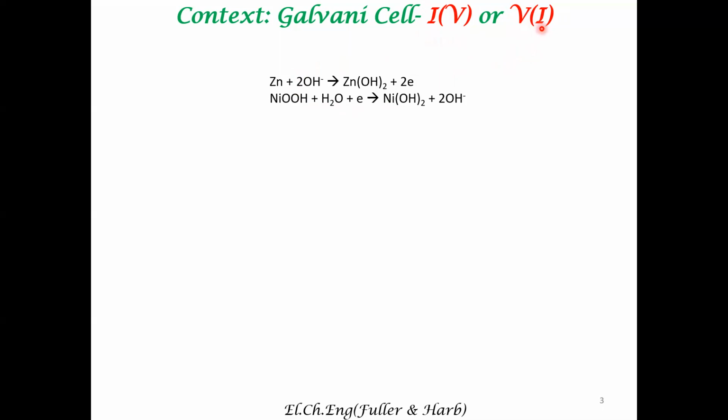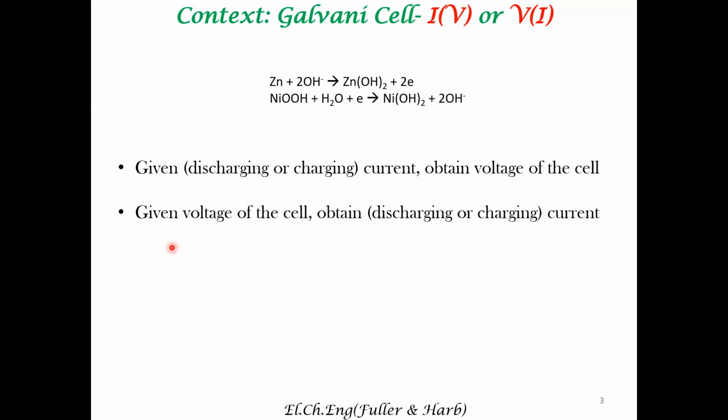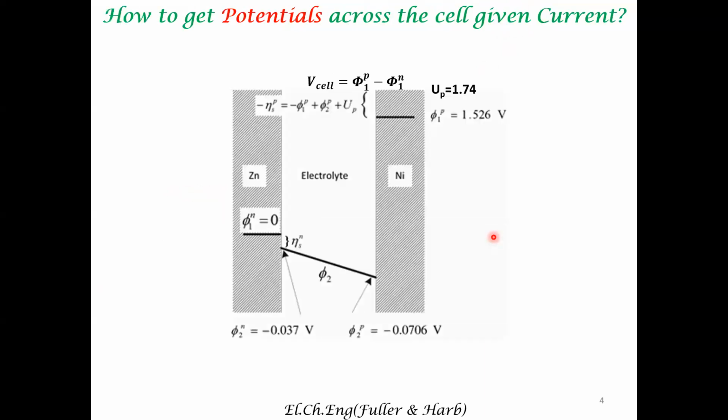So one of them is fixed and we want to get the other parameter. Okay. All right. So these are the two constraints. Given the discharging current or charging current also, obtain the voltage of the cell. Given the voltage of the cell, obtain the current. Let's see how we can get to these two scenarios using the formalism which we developed in the previous few lectures.